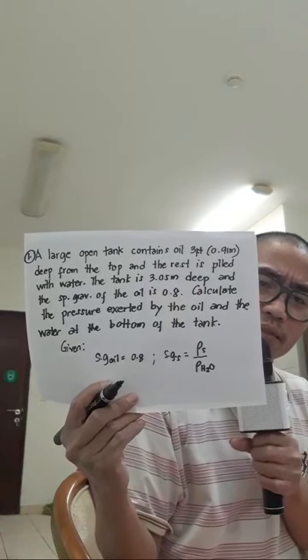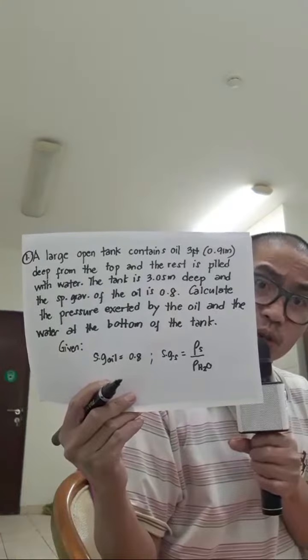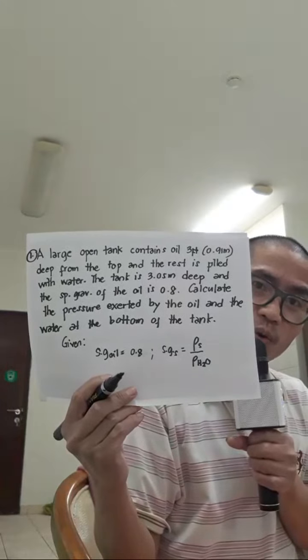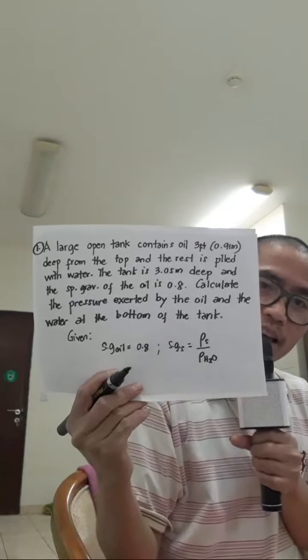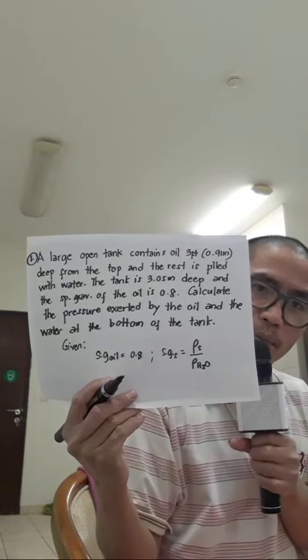We choose this value because there's a unit of mass in the numerator and volume in the denominator, rather than 1 gram per mL or 1 gram per cc. So we use the density of water, 1000 kilograms per cubic meter.